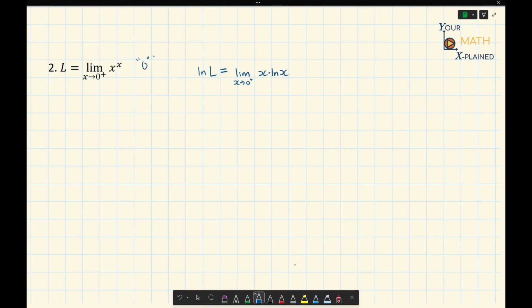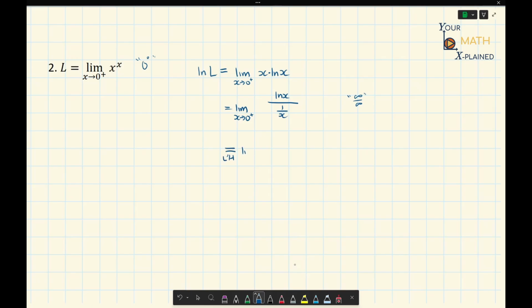Again, this is not yet in an acceptable form, so let's go ahead and rewrite this into limit as x approaches 0 from the right-hand side of ln of x over 1 over x. And now this is in the form of infinity over infinity, which means we can go ahead and use L'Hopital's rule.